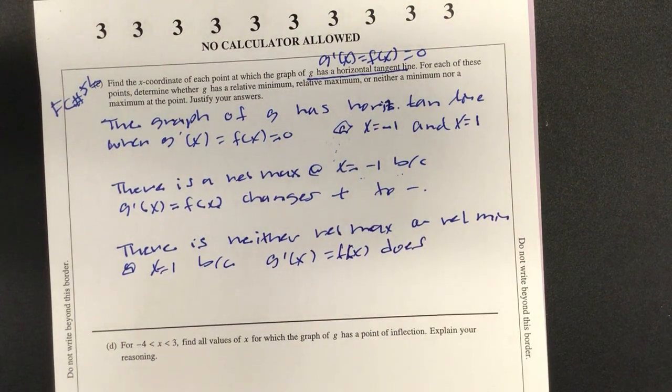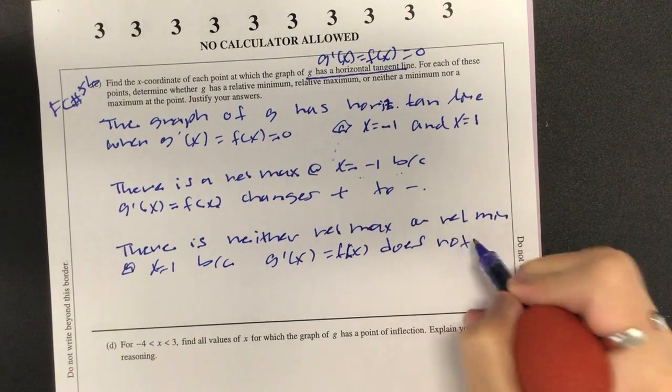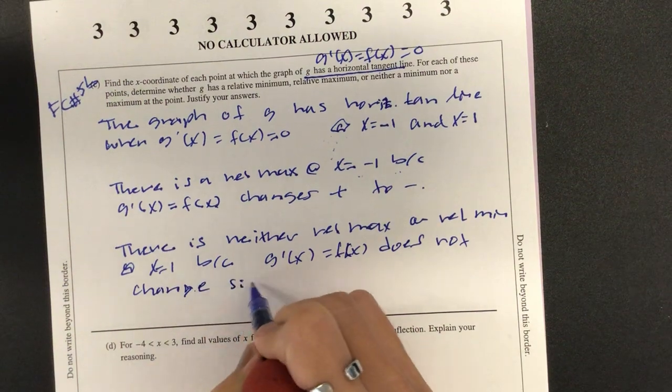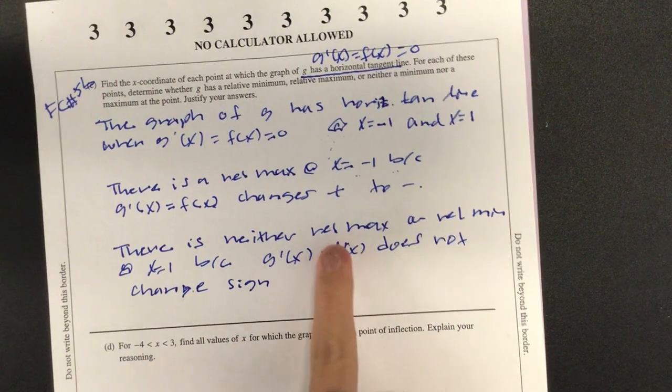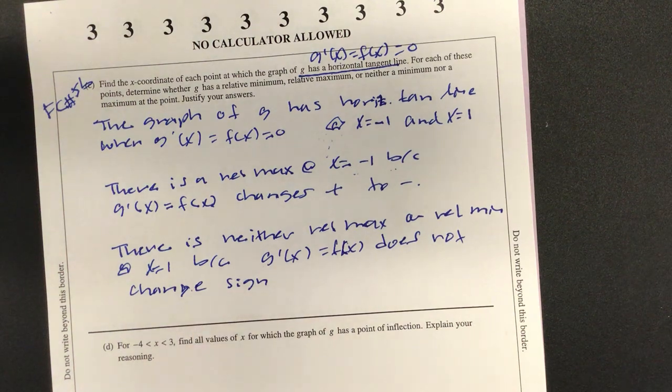Now on this one, can I say it's not changing sign? Yeah, does not change sign? You can say that. Change sign. Because I've included relative maximum and minimum, so I can say changing sign in general.